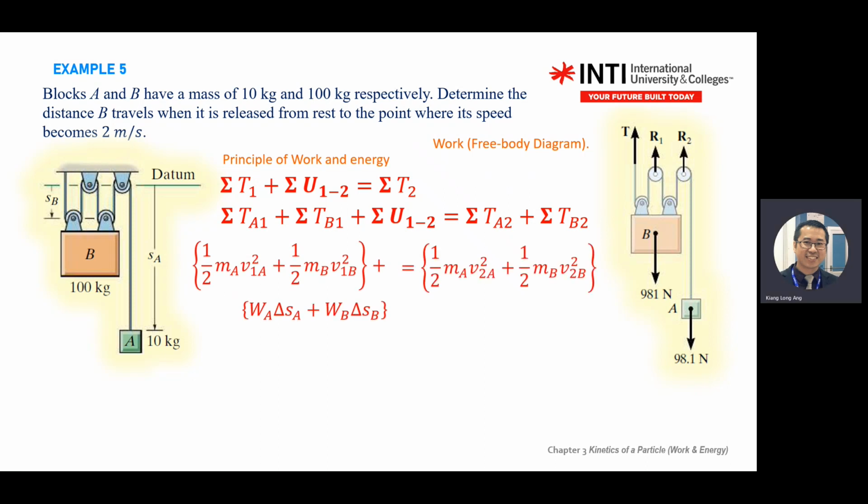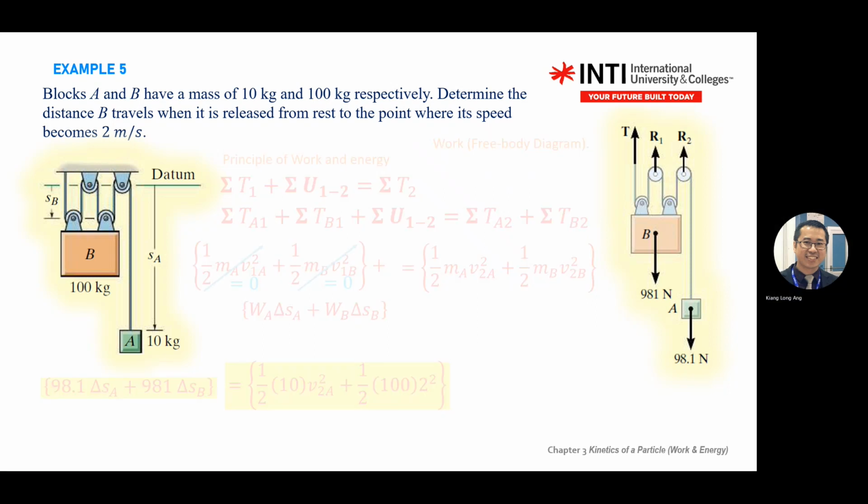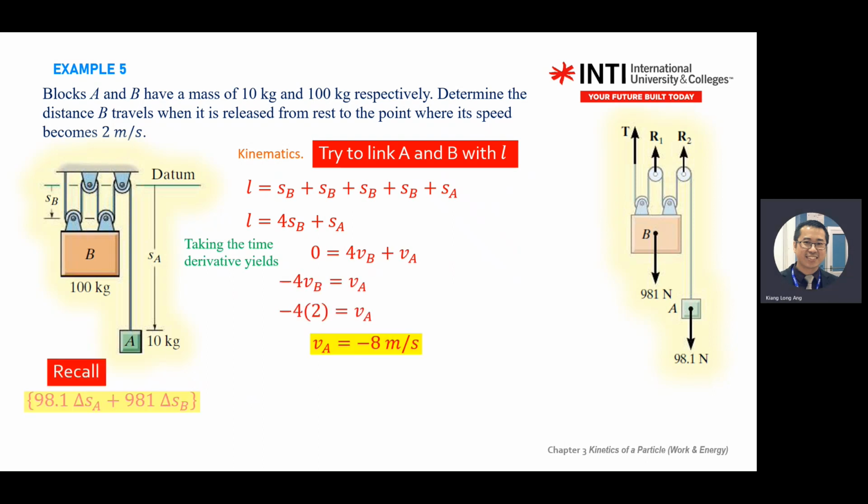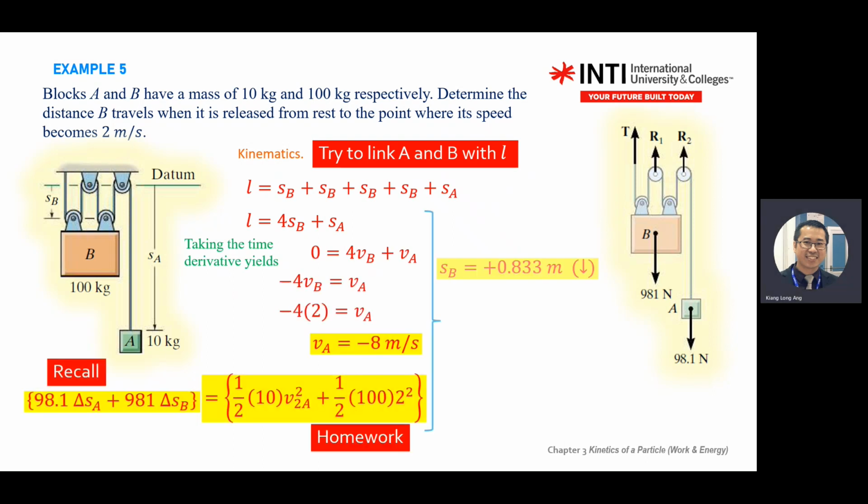You do all the equations, you cancel here and there, and you get the answer. So this is the pulley solution. From there, put it inside, you do the homework, and you're able to find the distance traveled by B.